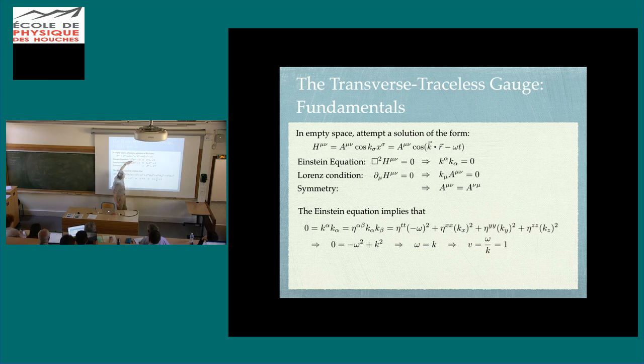The only thing the Einstein equation says is that when I take the derivative of this, I pull out a k sub alpha, and I take another derivative, I pull out a k super alpha, and those have to add up to 0. That's all the Einstein equation says. The Lorentz condition puts some conditions on the matrix.